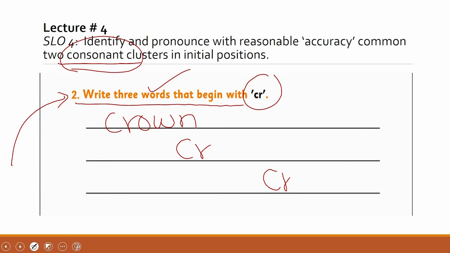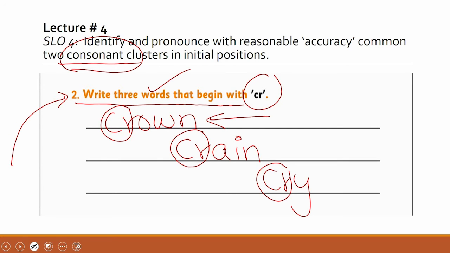Crown, crane, I hope you can see it, and cry. The consonant kr is joining with ow, with ay, and with y to make crown, crane, and cry.